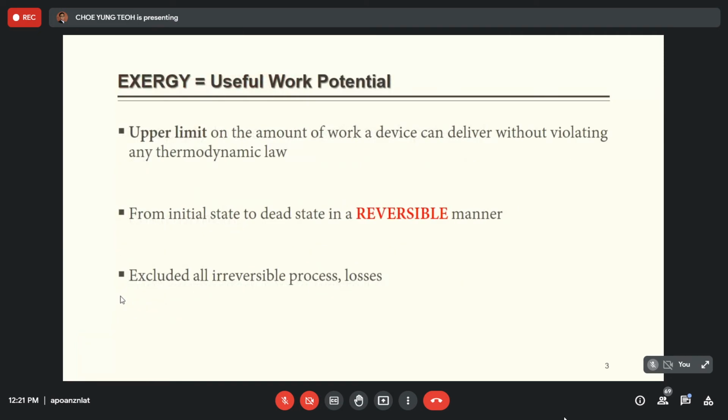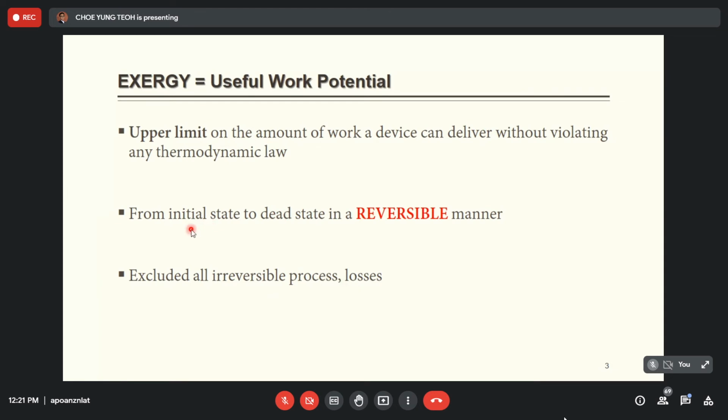This Exergy defines the upper limit on the amount of work a device can deliver without violating any thermodynamic law, from the initial state to the dead state in a reversible manner. I will later explain what the dead state is and what reversible means. It excludes all irreversible processes or losses.